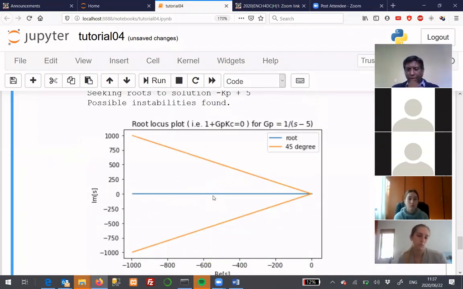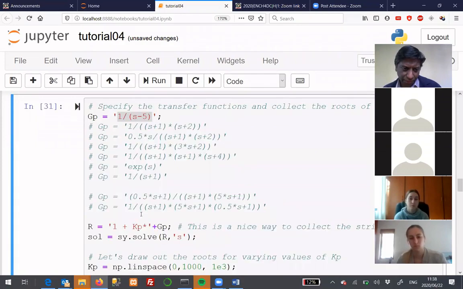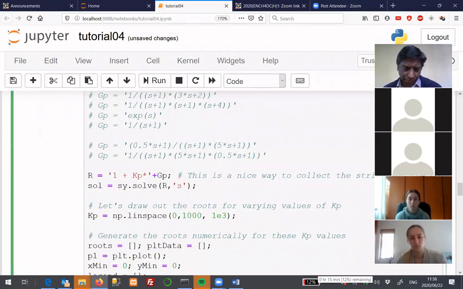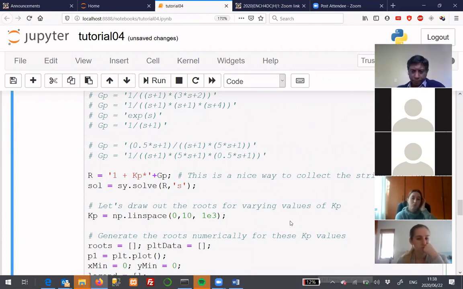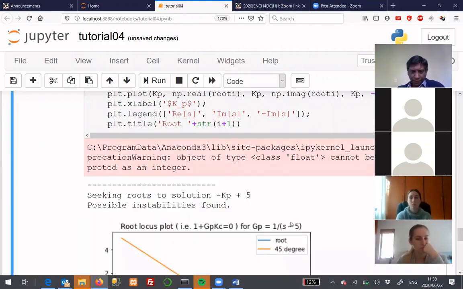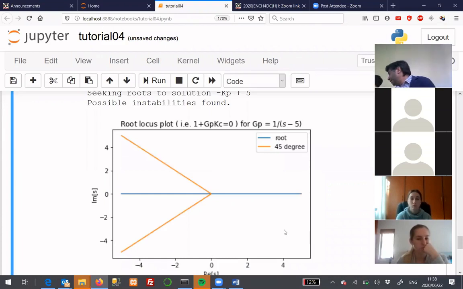Okay, so if we run this, we can see here, and it's not so easy to see. Let me just limit how far Kp varies. Let's make this between 0 and 10.